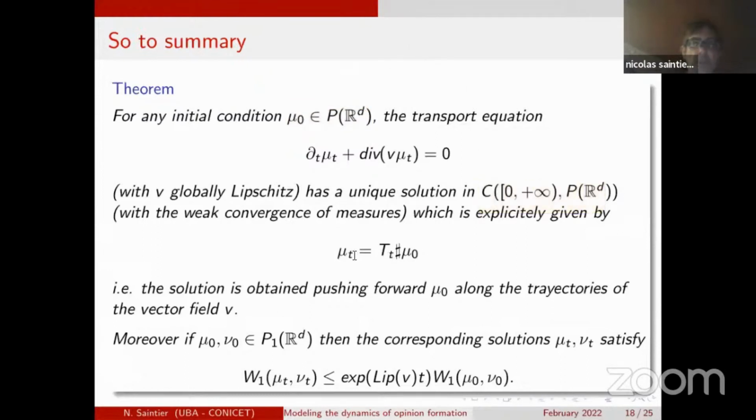For the existence, we have the explicit expression of the solution, and we just obtained precise estimates of the distance between two solutions with respect to the distance between the initial conditions, mu naught and nu naught. So this is pretty complete and easy.